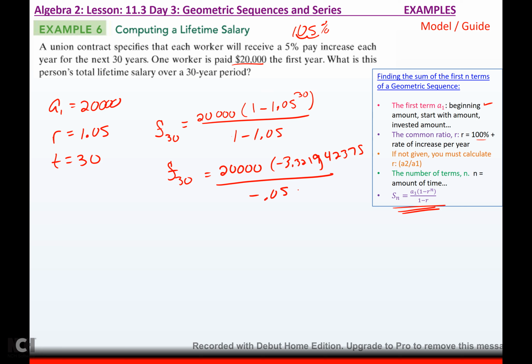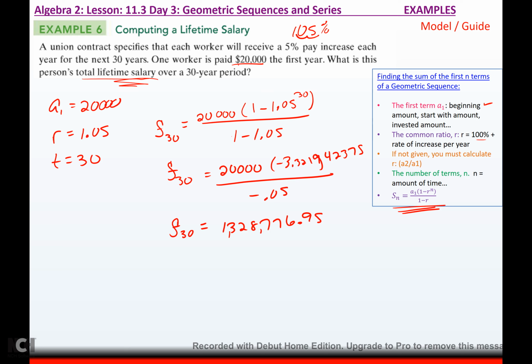So now if I type all this in, I have 20,000 times negative 3.3219422375, enter, divided by negative 0.05, and you get the sum of the first 30 years: $1,328,776.95. That's going to be his total lifetime salary.